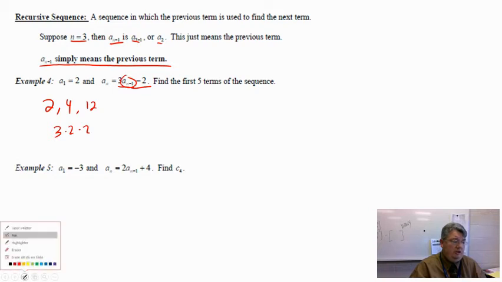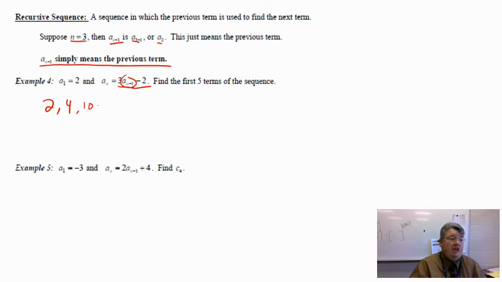No, it's not. Dummy. Not you, me. 3 times 4 is 12. 12 minus 2 is 10. Then I go 3 times 10. That's 30, minus 2 is 28. 3 times 28, yuck, 3 times 28 minus 2 gives me 82. And I go from there. Okay? That's it.